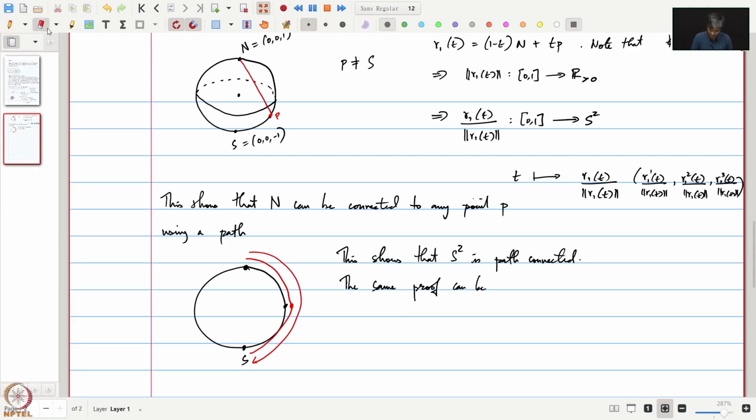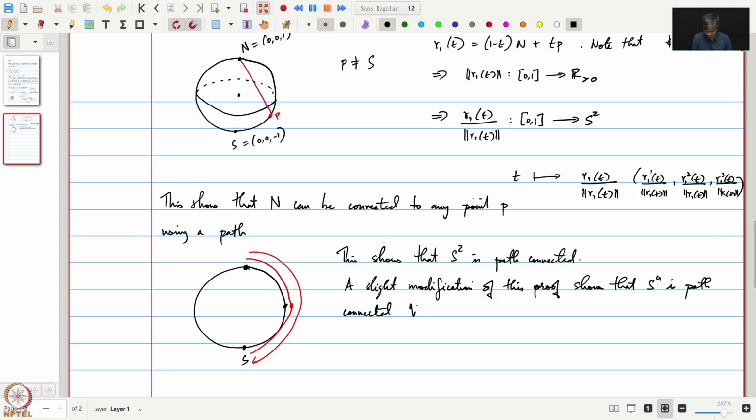A slight modification of this proof also shows that Sn is path connected for all n greater than or equal to 1.